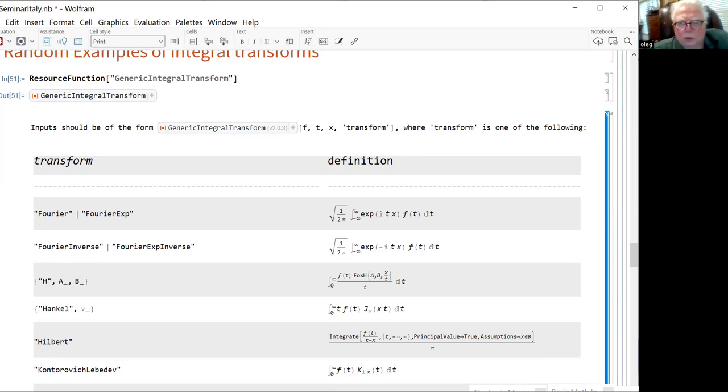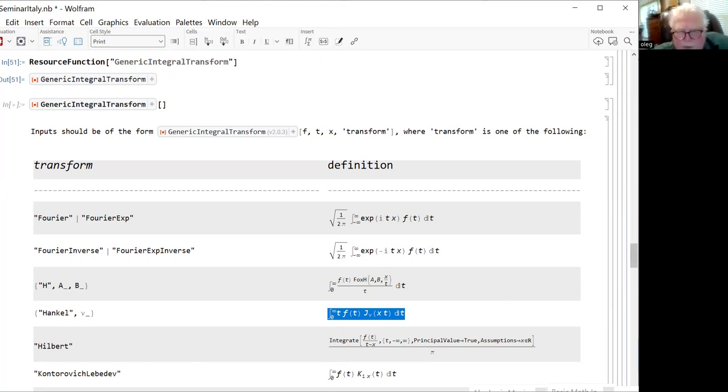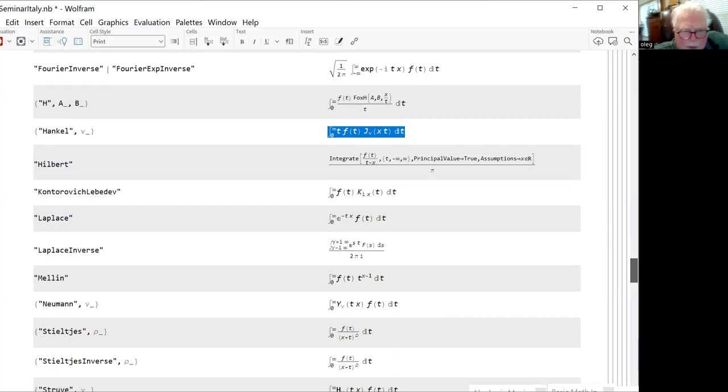You can load this and you can get this list. Now it is something like 15 maybe or fewer integral transforms. Here is Hankel, you see. Below I show how it works. And all these transforms are cases of the so-called H transform.